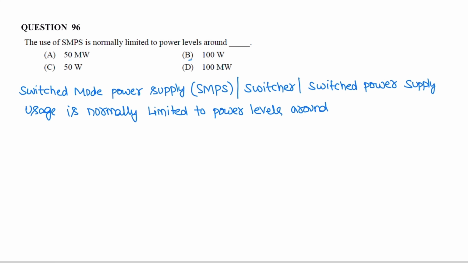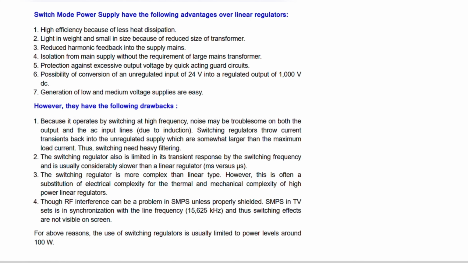Next question. The use of SMPS is normally limited to power levels around 100 watts. Switched mode power supply usage is normally limited to power levels usually around 100 watts. Next, these are the advantages of SMPS: high efficiency, lightweight, reduced harmonic feedback, isolation from the main supply, protection against excessive output voltage, possibility of conversion of unregulated input, and generation of low and medium voltage supplies is easy.